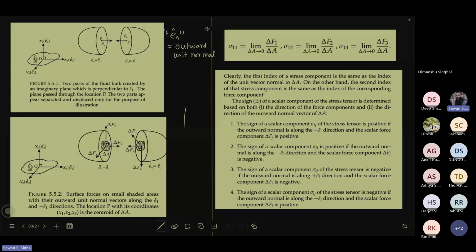So in this diagram here, what I have done is I have taken the bulk of the fluid, divided it into two imaginary halves, using a plane, a cutting plane, which has its unit normal in plus E1 or minus E1 direction, like this.